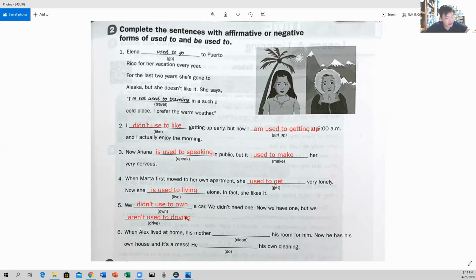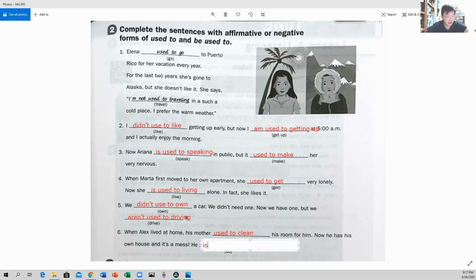When Alex lived at home, his mother, this is something that she did in the past, but not true today. So it's used to plus the base verb. His mother used to clean his room for him. Now he has his own house and it's a mess. This is something that he's not accustomed to.